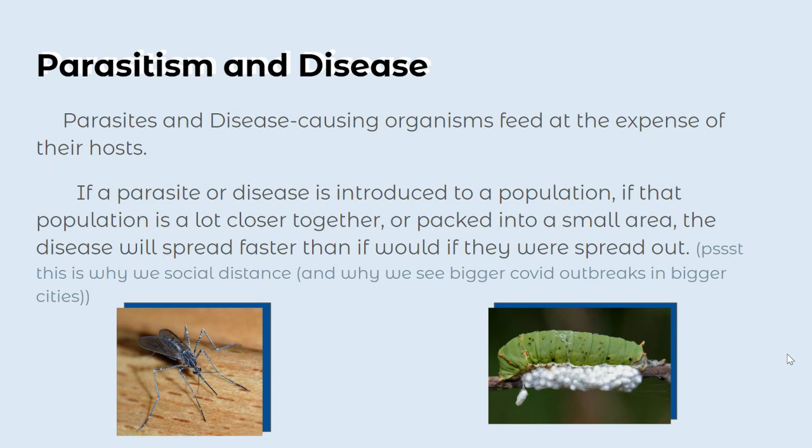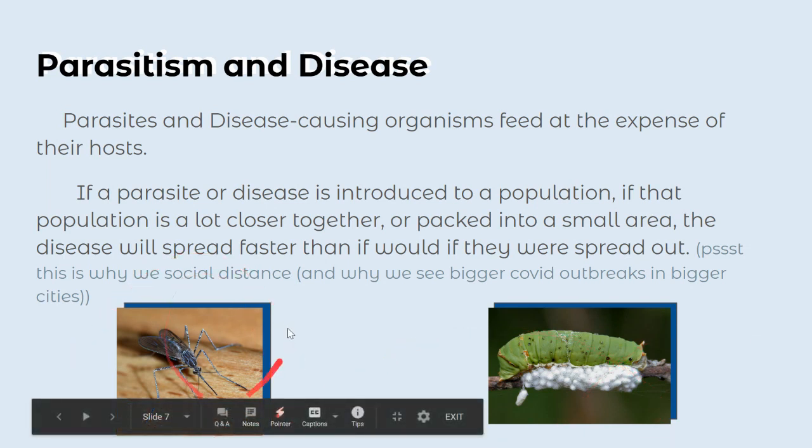This is why we social distance, and also why we see bigger COVID outbreaks in bigger cities than smaller cities, because the disease can't spread as quickly if we are spread out. So mosquitoes are an example of a parasite.